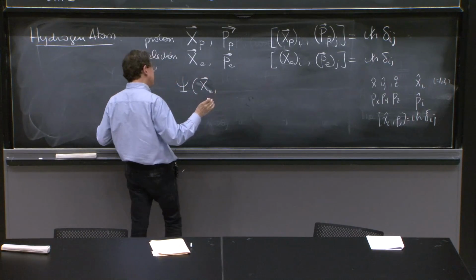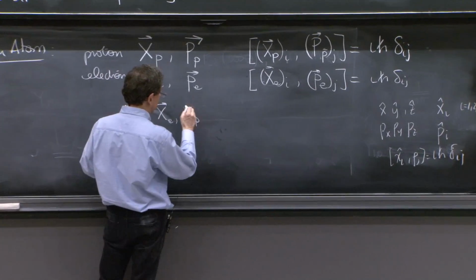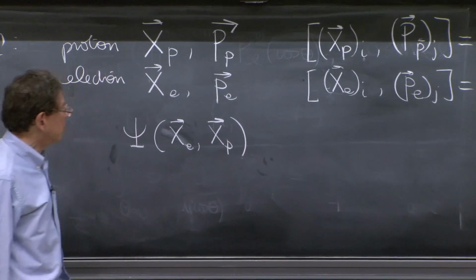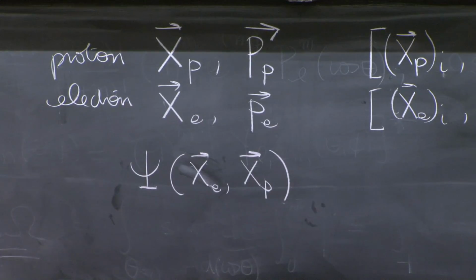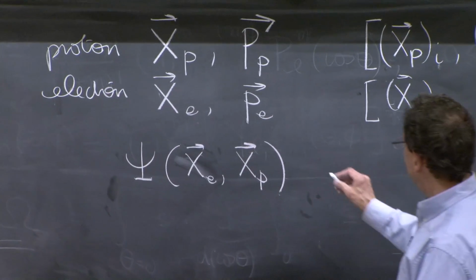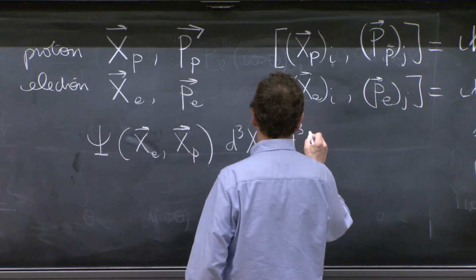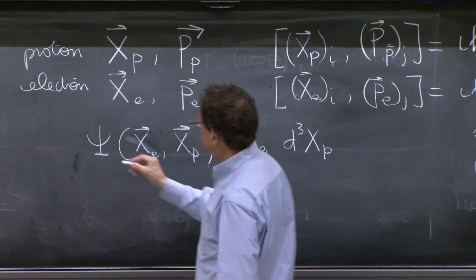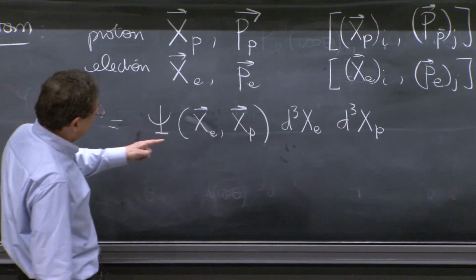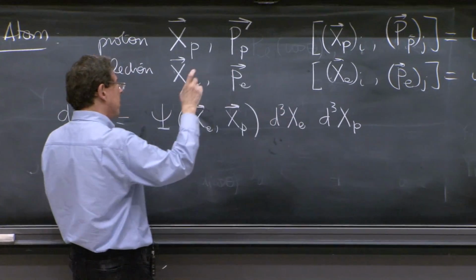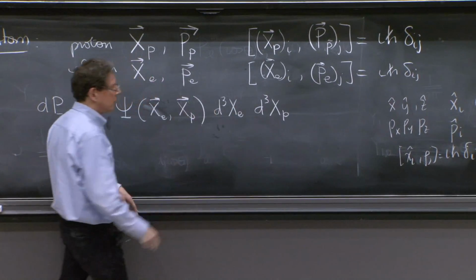If you had just an electron, you would have a wave function that depends on x of the electron, and here a wave function that depends on the coordinates of the proton too. And how would you normalize it? Well, this thing times d cubed xe times d cubed xp is the probability dP to find the electron around a little cube about the point xe and the proton around a little cube around xp.